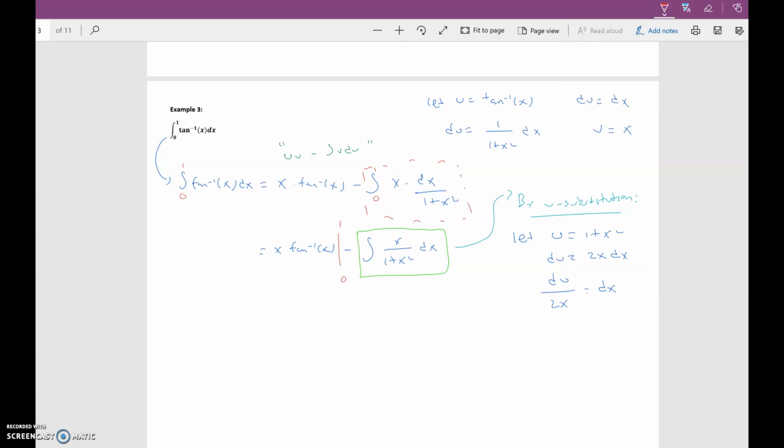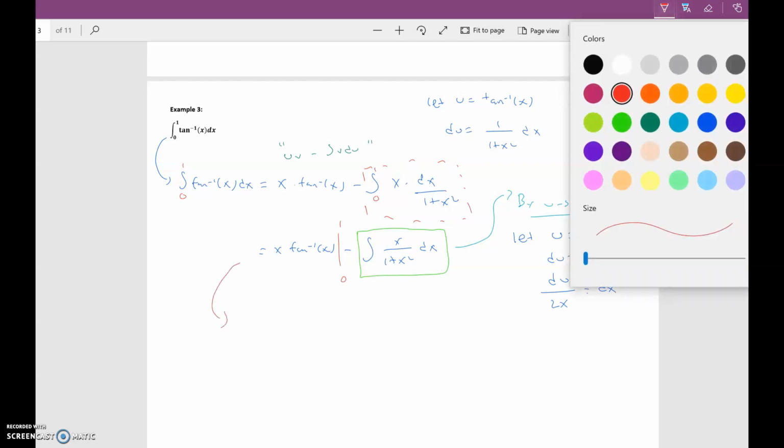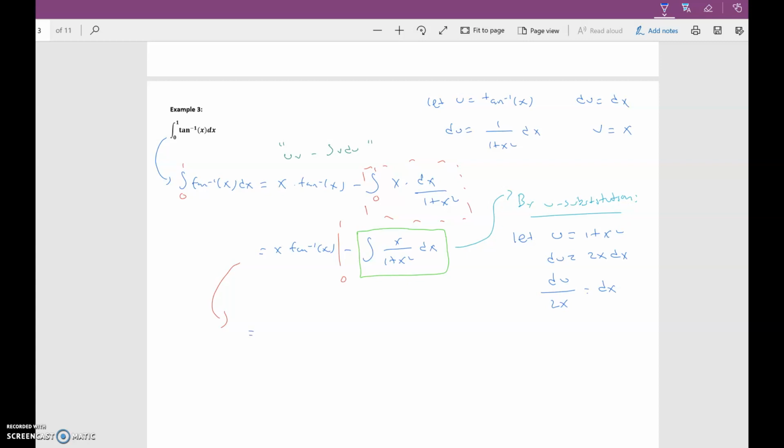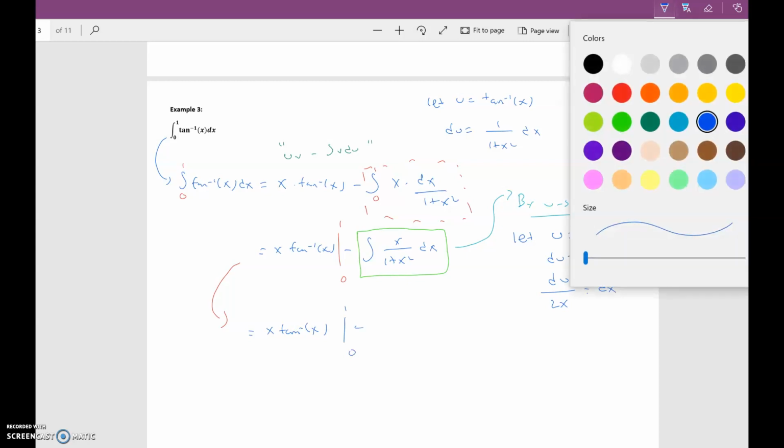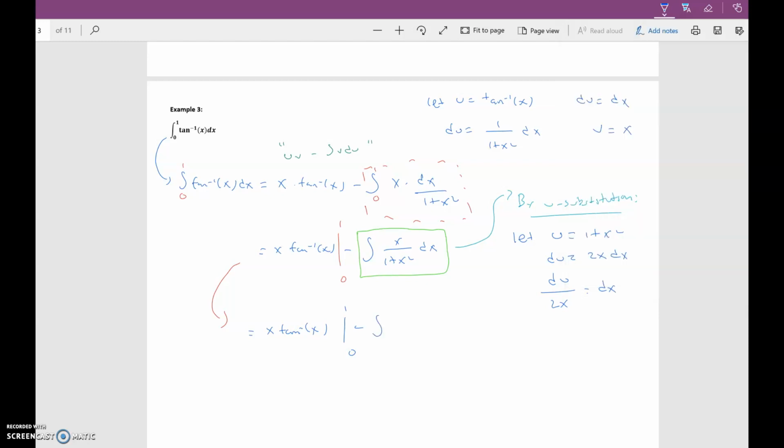Let me rewrite it. We'll plug in the limits in a minute. So this is x tangent inverse of x from 0 to 1 minus the integral of x over u, and then this will be du over 2x. And what we're hoping to cancel is the x's.